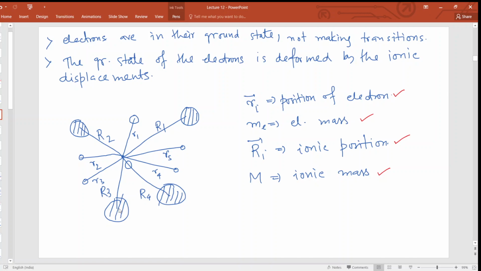And then here we have defined different coordinates, and mass, of course. Small r_i denotes the electronic position, or the coordinate of the electron, and m_e is the mass of the electron. Capital R_I is the ionic position, and capital M is the mass of the ion.